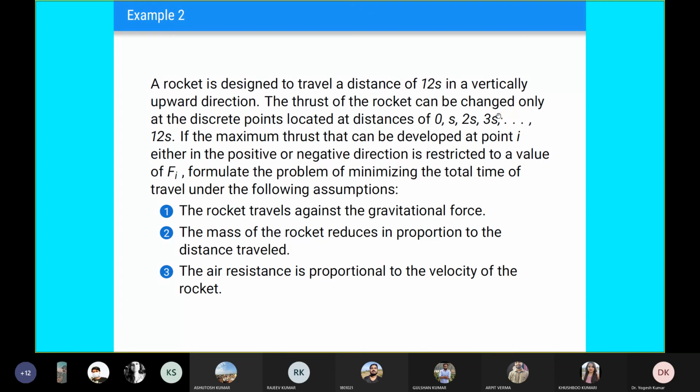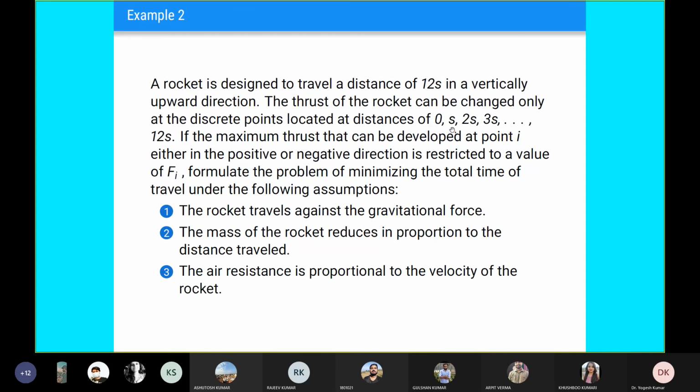You cannot directly jump to the value of thrust at 3 second, 10 second, or 12 second. In this type of problem, you have to calculate the value of thrust starting from your initial point, so that you can calculate the value of thrust at the next point, that is, for 1 second, 2 second, 3 second.